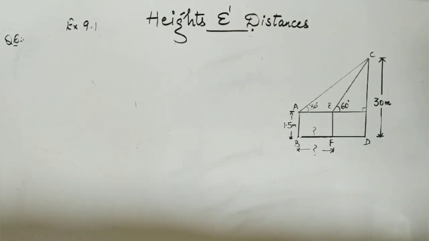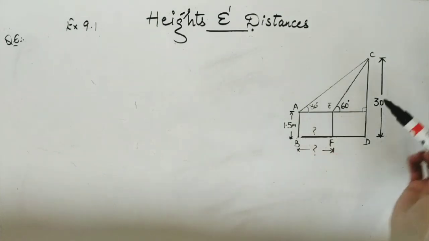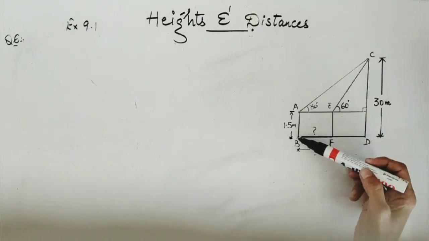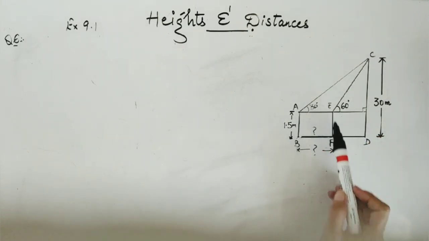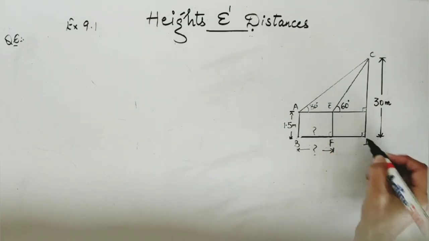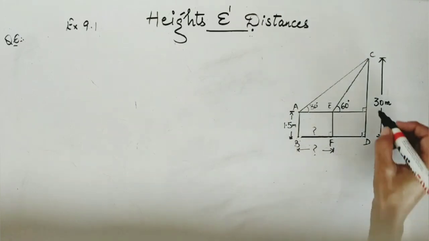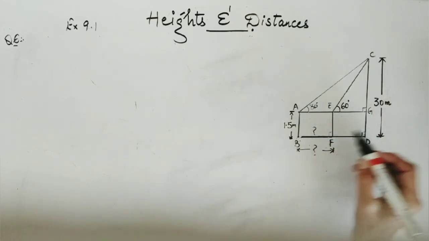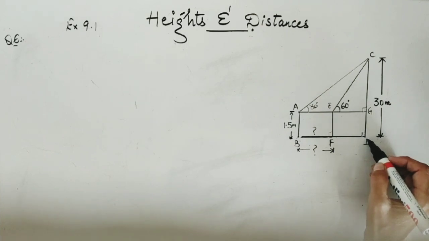So let us begin by considering, first thing, total height is 30, AB is 1.5. Since these are perpendiculars, let this point be G. AB and GD must be equal.